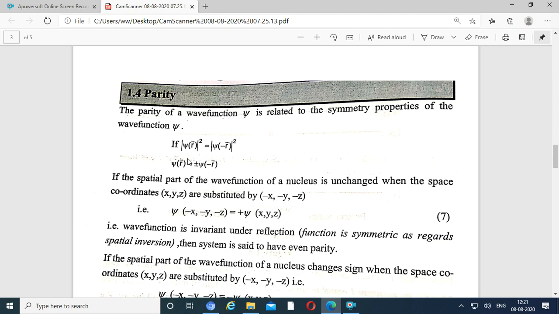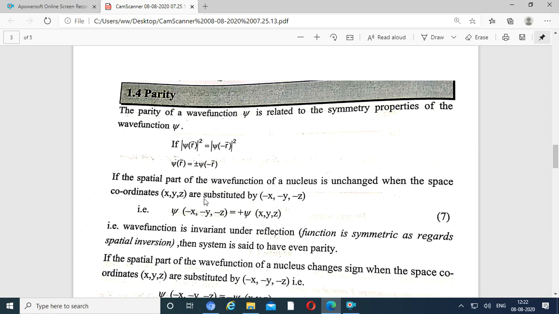That is, if |ψ(r)|² equals |ψ(−r)|², meaning if the position in a wave function is inverted, what happens to the wave function? So here we have considered ψ(r) equals ± ψ(−r).